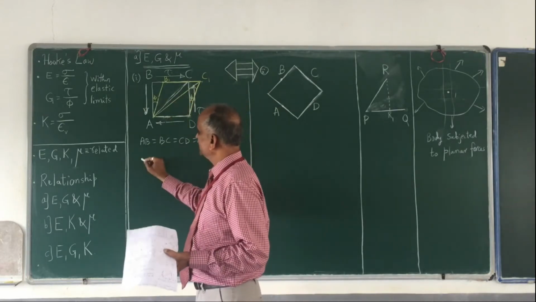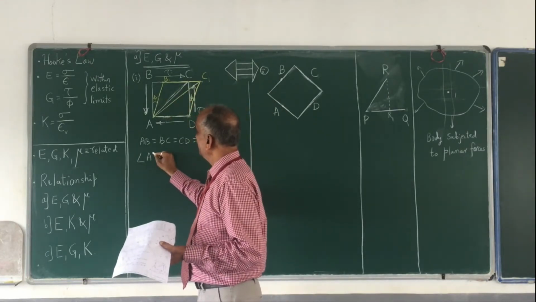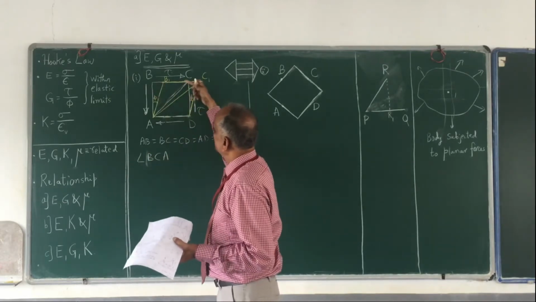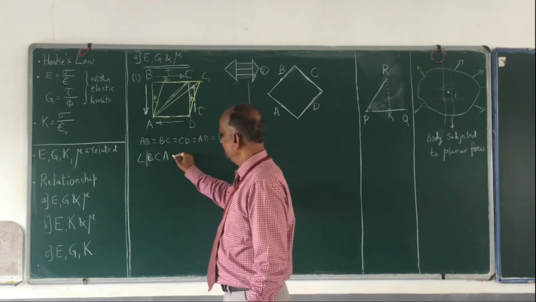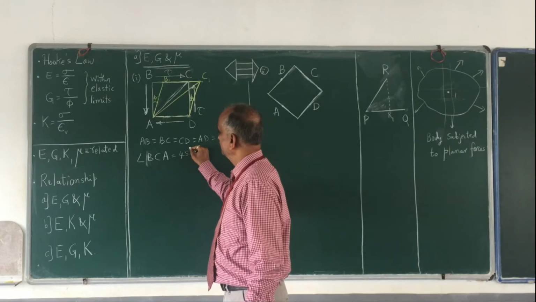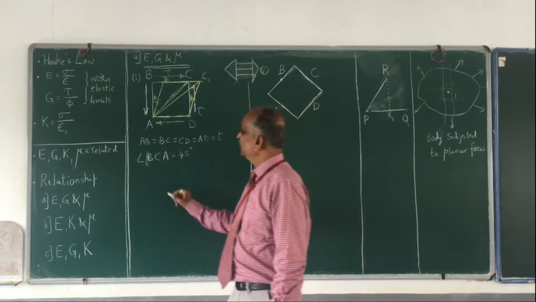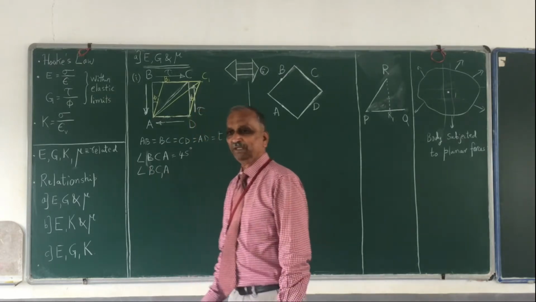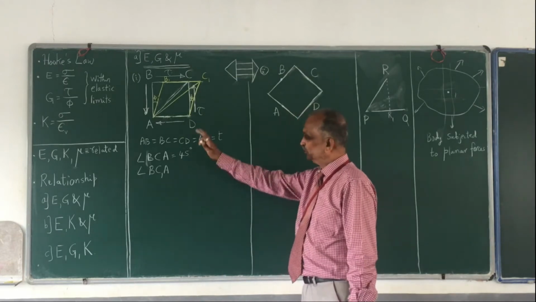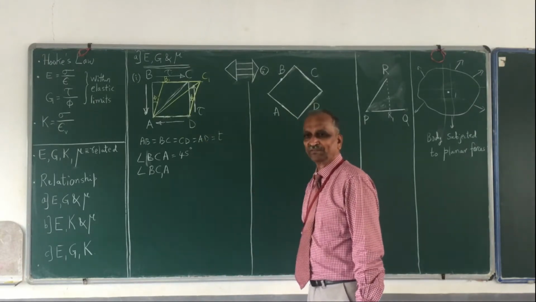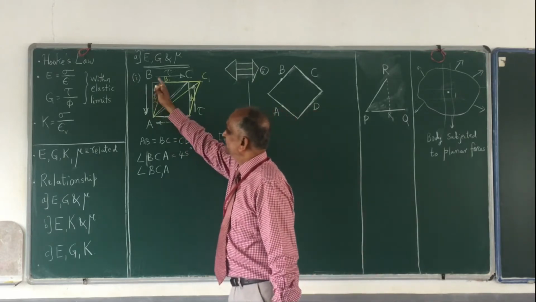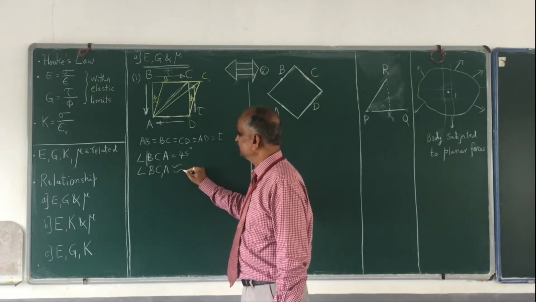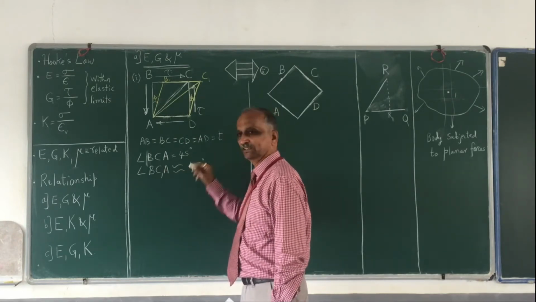Looking at the diagram, what is the angle BCA? You all know that it is 45 degrees. Similarly, angle BC1A: do you agree that it is very close to 45 degrees? Because B1 or C1 is very small, this also is very close to 45 degrees.